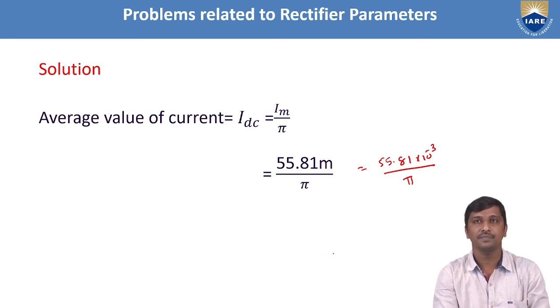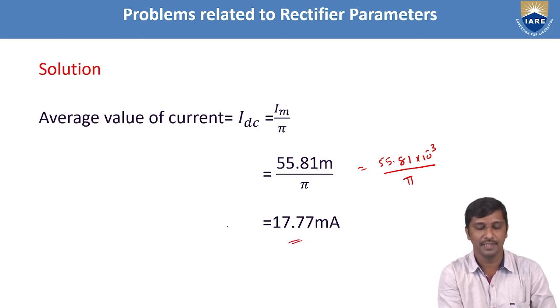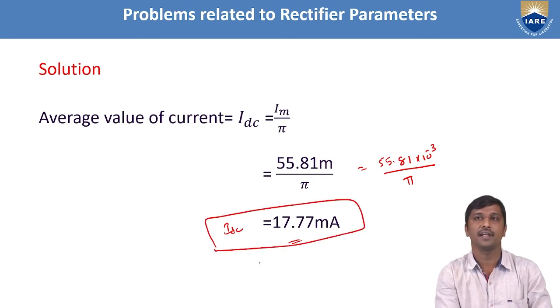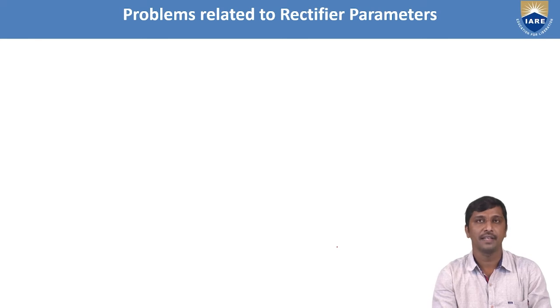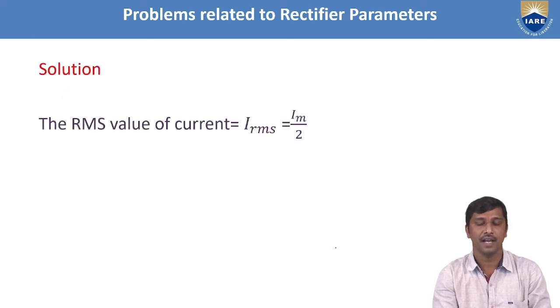This ratio gives 17.77 milliamperes. So this is the DC current, or average value of current, for the rectifier. IDC is 17.77 milliamperes.